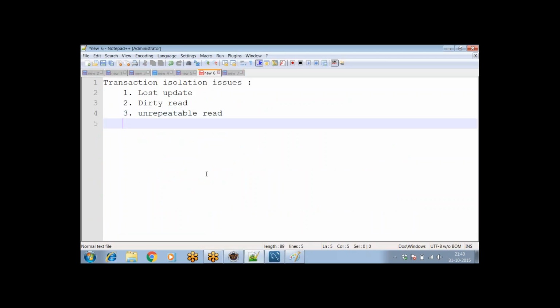Next we have phantom read. So this is the last isolation issue.